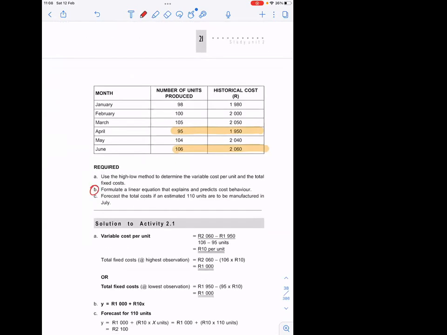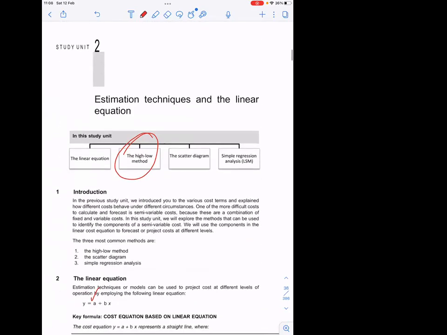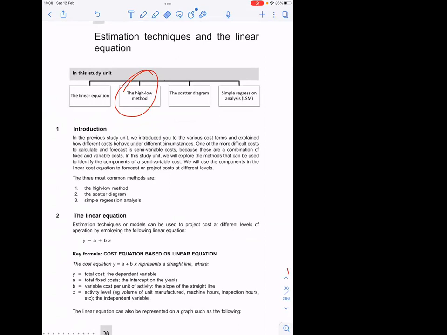Right. Then we come to B, good people. Formulate a linear equation that explains and predicts cost behavior. A linear equation, yet we know it. This is the linear equation. It says Y is equal to fixed cost plus variable cost per unit times the level of output.